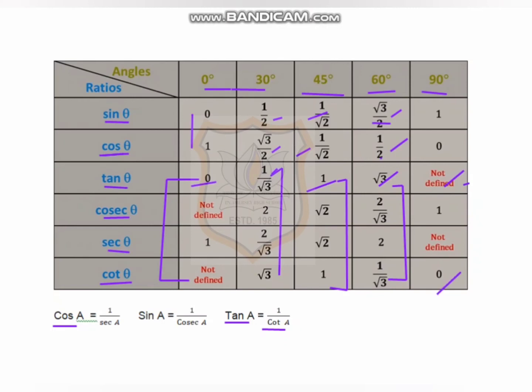You have to remember this table. And now the sums are on the basis of this table. You have to just remember these values and put the values in the given questions, and by simple operations of addition, subtraction, multiplication and division, you can easily find the value of any question.